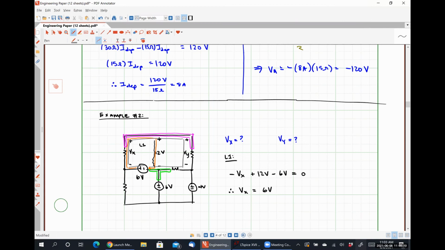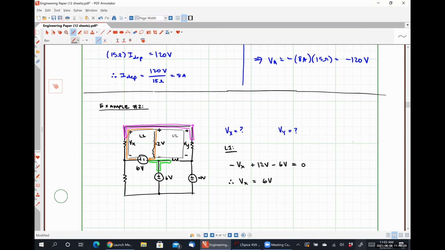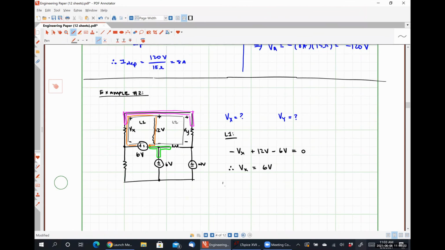So I have a small problem with that loop. Okay, but let's write it out. Let's call this loop 2. And we'll see what we're running into. All right. So if I do it around that top loop, starting at the bottom left-hand corner, which is where I typically start things, I'm going to have negative Vx, which I know to be 6 volts.